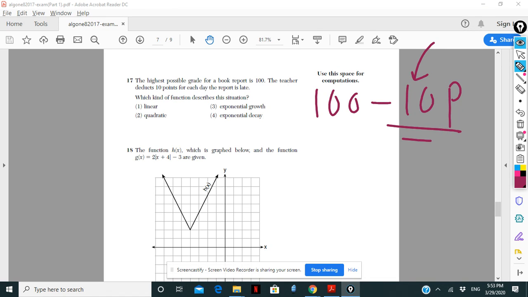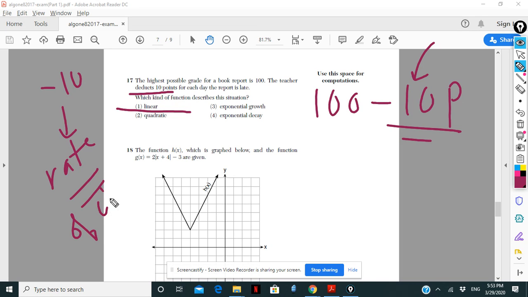So that's the rate of change. That means it's linear because it comes by deduction, means minus 10. So that's the rate of change. So the answer is 1.